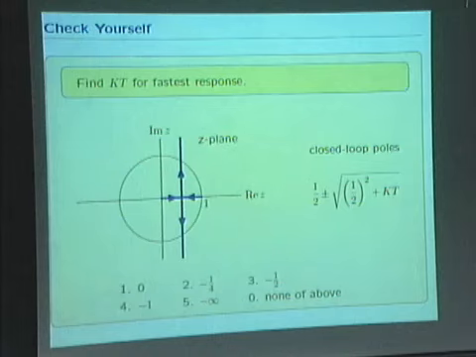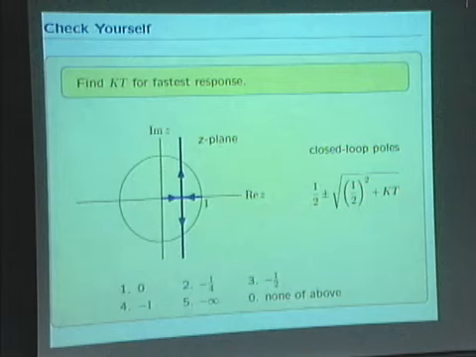All right, so now, KT equals -1 was the fastest possible response for the system without any delay in the sensor. What's the fastest possible response for this one? Oscillations are allowed.